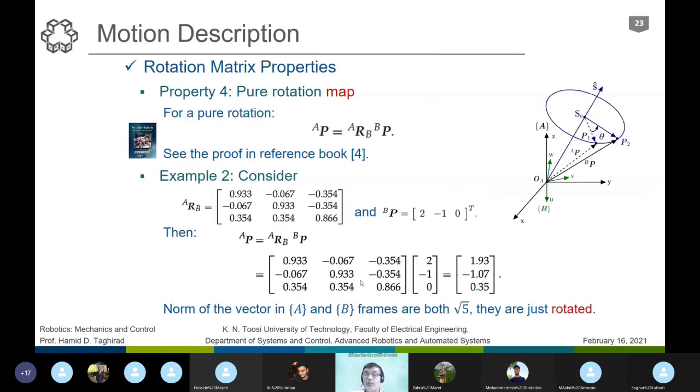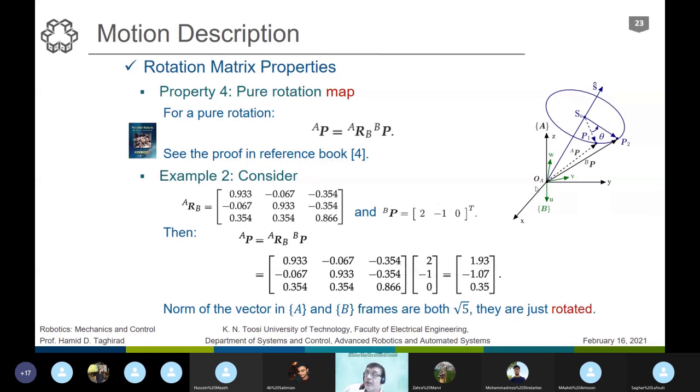And the second one, which is the fourth property and is very, very important, is that this rotation matrix not only gives you the rotation action, but you can also find a mapping for pure rotation.